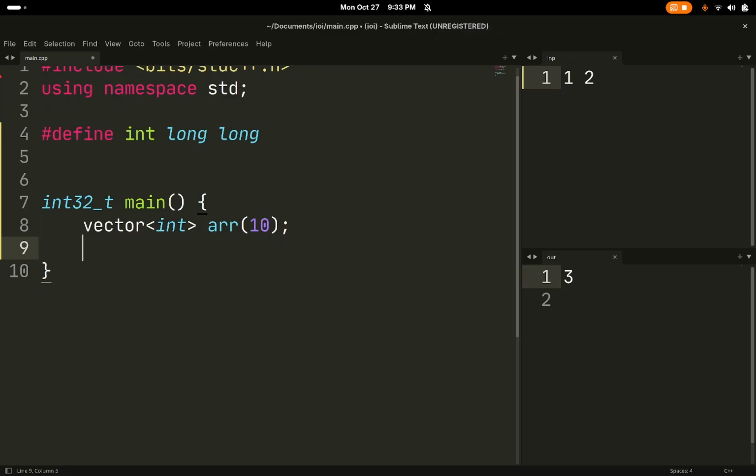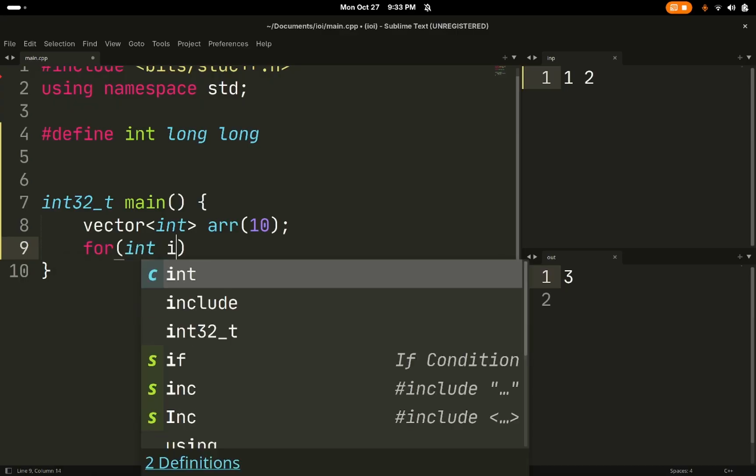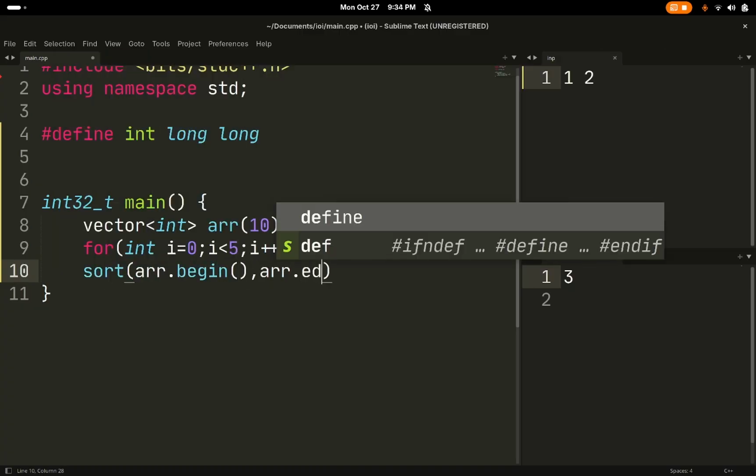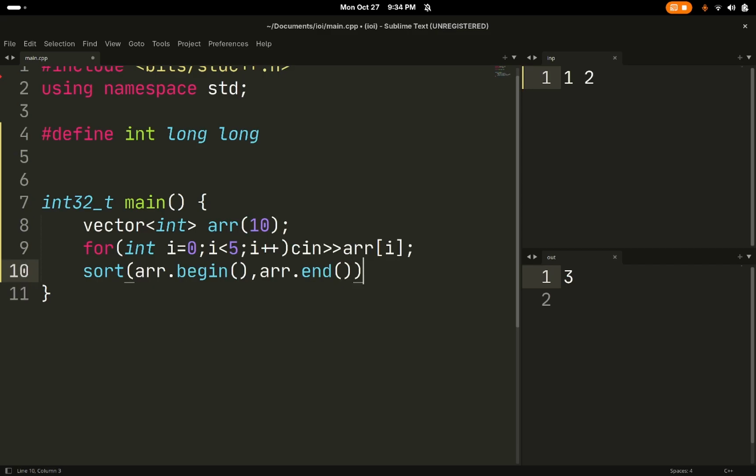Now let's go ahead and take 5 elements as input and let's sort. So what's this? array.begin, array.end.